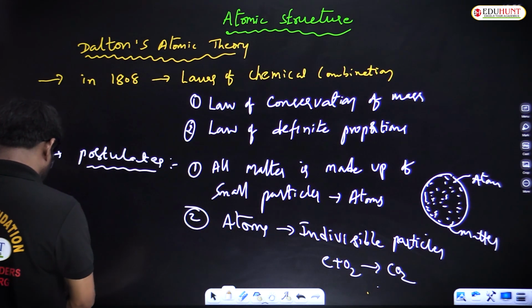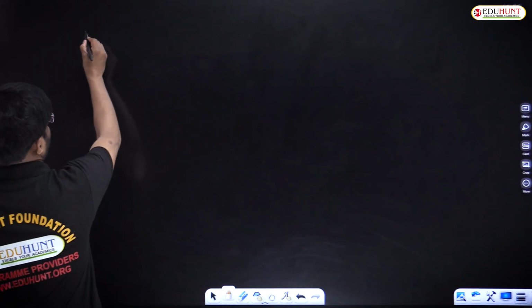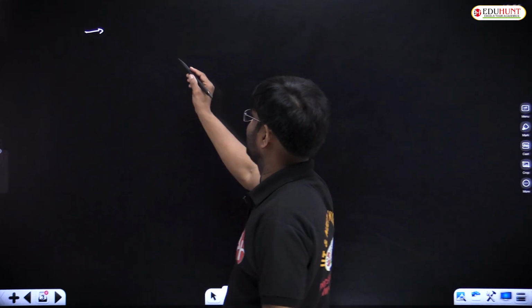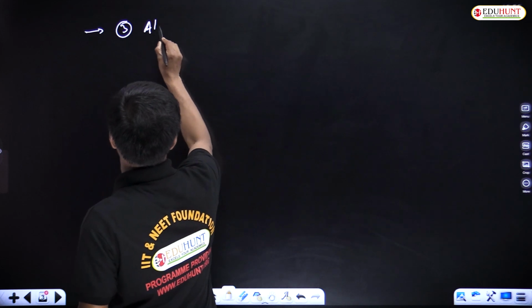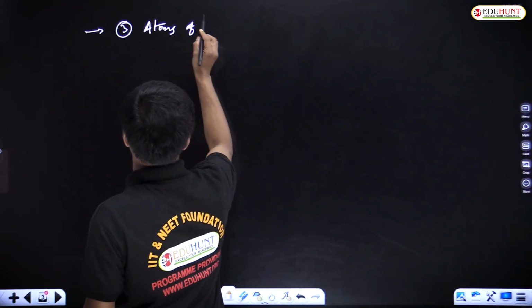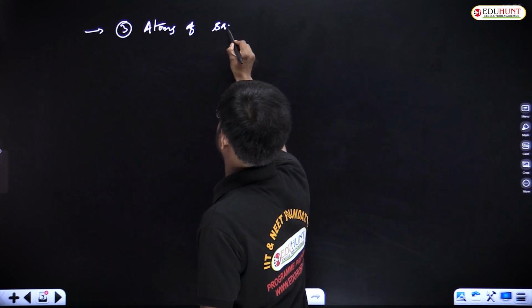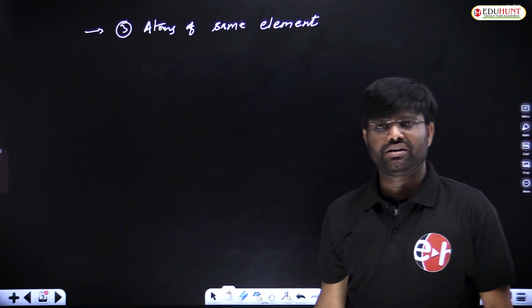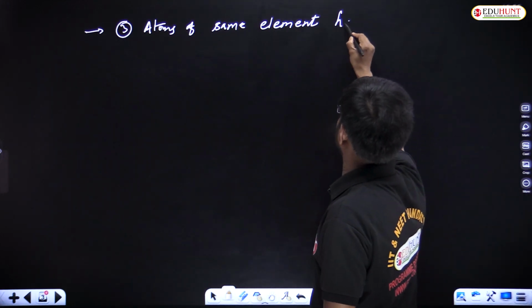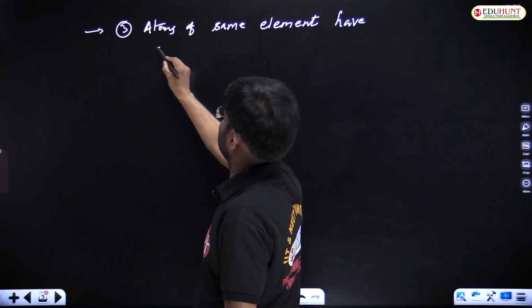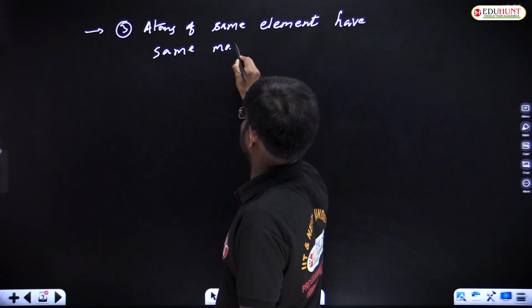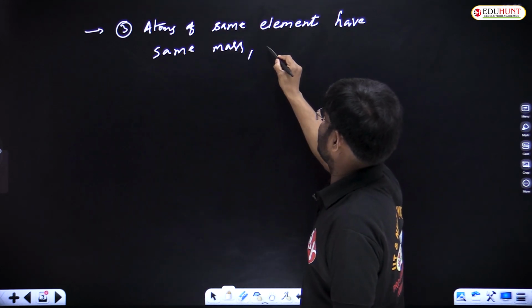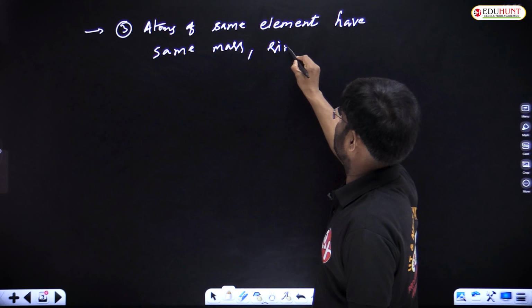So next, the third point: atoms of the same element have the same identical mass and the same properties.